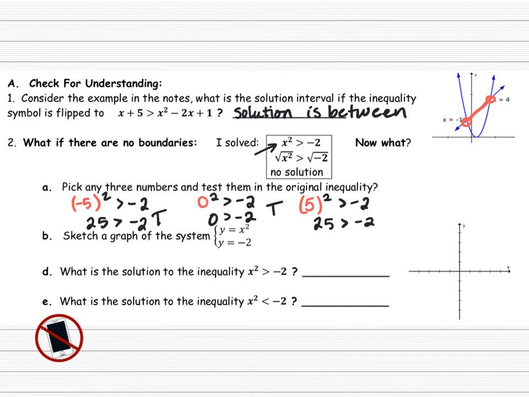So if I sketch the system, y equals x squared and y equals -2, I have a parabola. I'm going to put the parabola in red. That's just going to be at 0, 0, and then the line y equals -2 down here. It's not very precise.